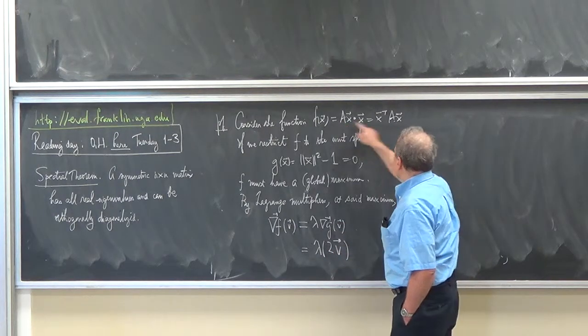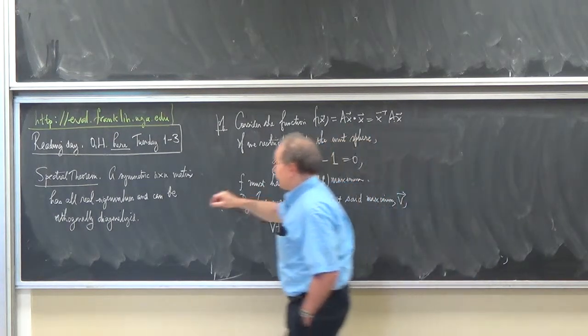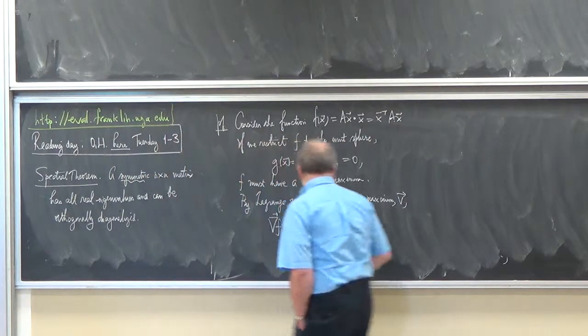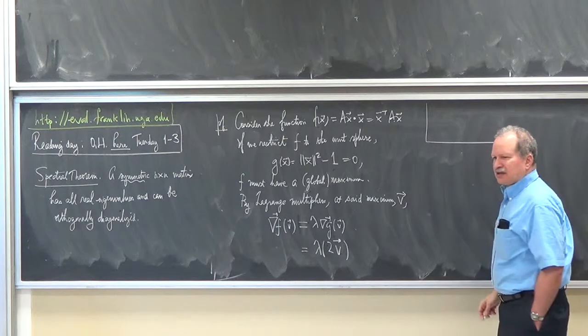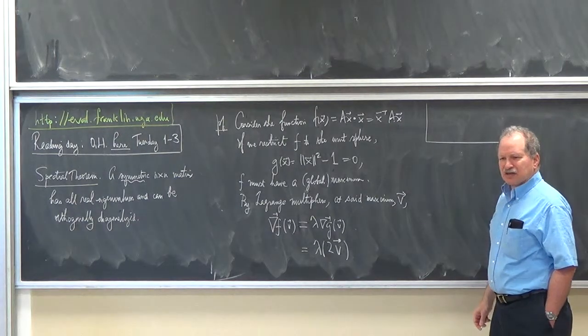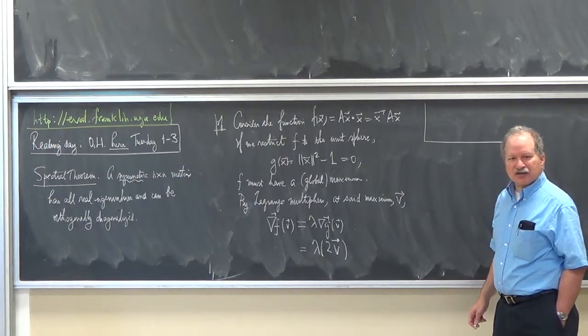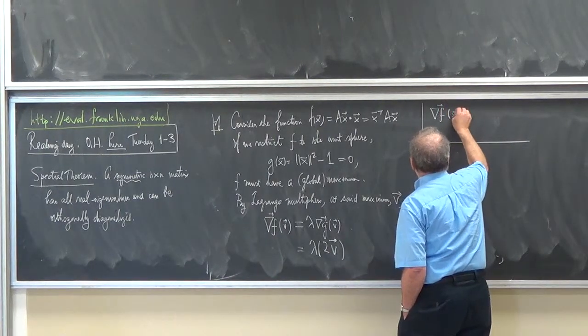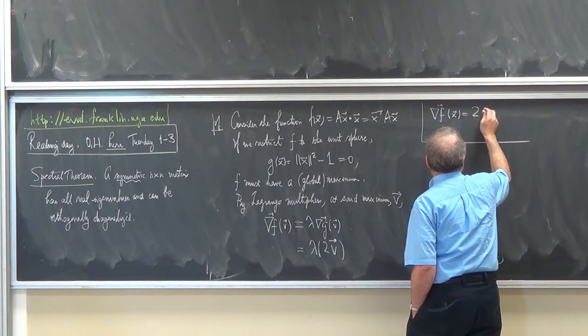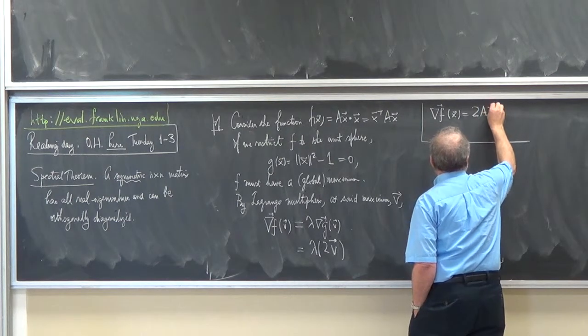What's the gradient of this guy? Well, remember A is symmetric. Because A is symmetric, you go off and you do scratch work. We actually did this at one point last semester as well when we were doing least squares. The gradient of f is actually going to be twice Ax.